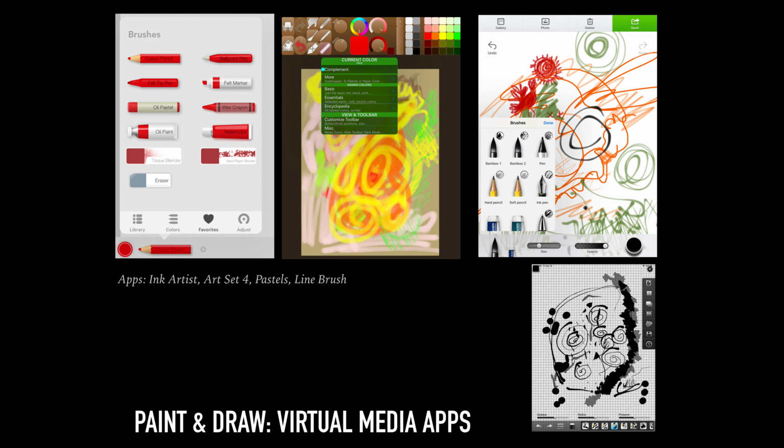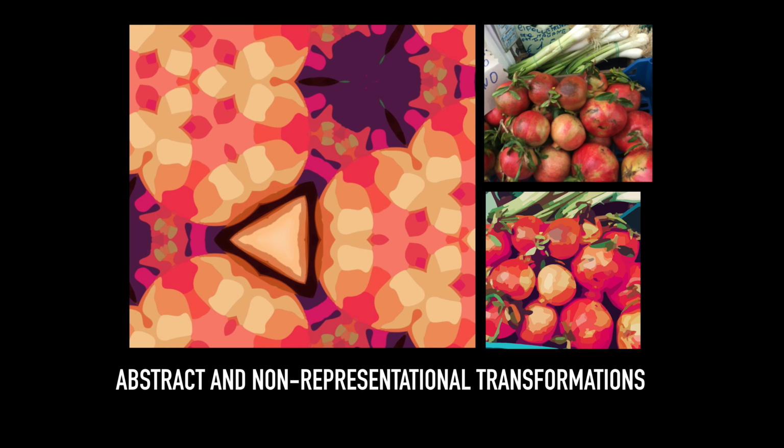And you can also then find virtual media, so ink apps and watercolor apps and oil painting apps, all of which you can either draw original work, trace and copy your own images, or import photos and alter them. Those transformations can be pretty straightforward or quite radical.